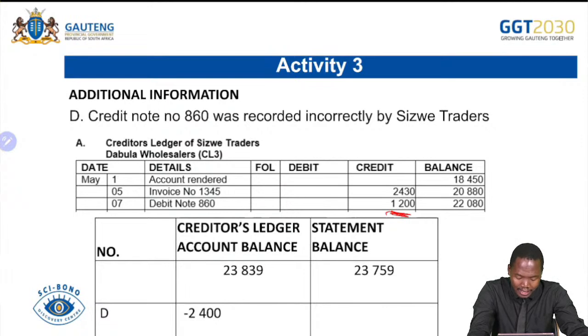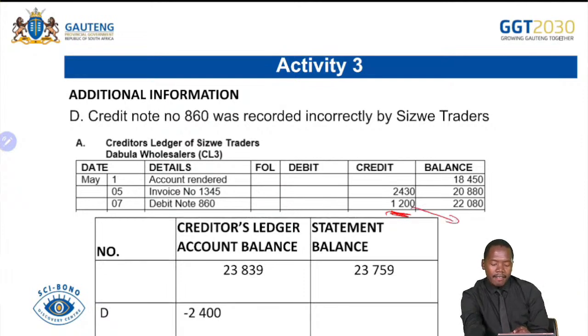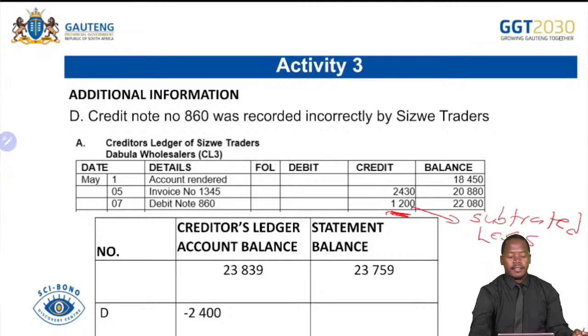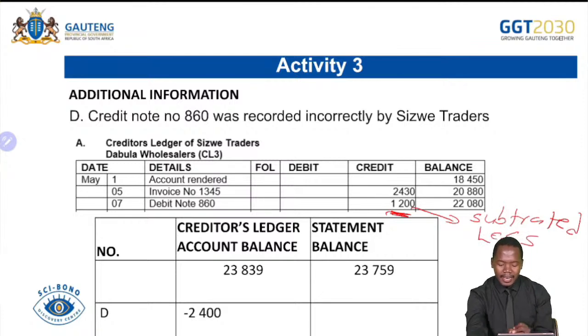This is on the creditors' ledger. We recorded a credit note as 1,200. It means we have subtracted less. Now, we have not actually subtracted less, but we have recorded on the wrong side.